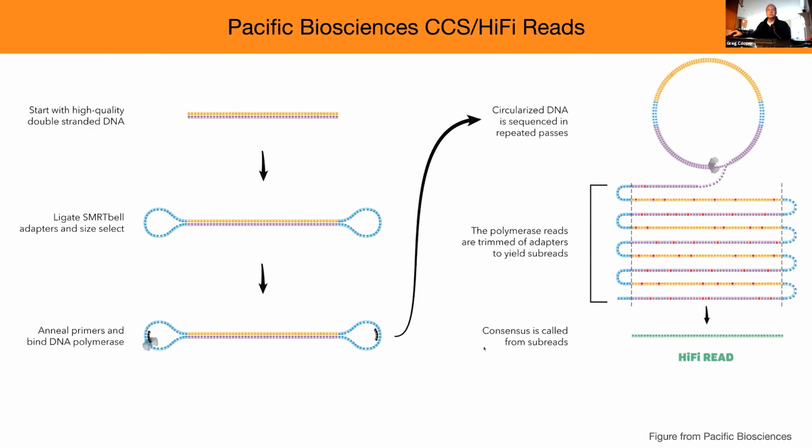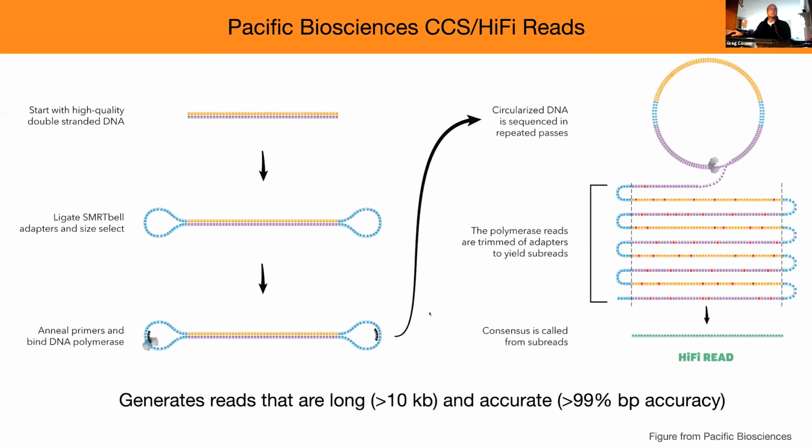This allows you to identify a consensus base at each position by collapsing the repeated observations at the same locus. To the extent that the errors are random, and not all of them are, but many of them are, that washes out if I read a base 2 times, 3 times, 5 times, 10 times, et cetera. So what this allows is reads that are both long, tens of kilobases long, but now they're accurate. In fact, they're as accurate as Illumina reads at the base pair level.